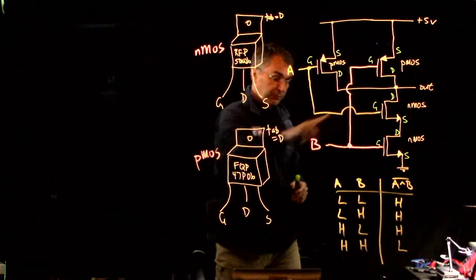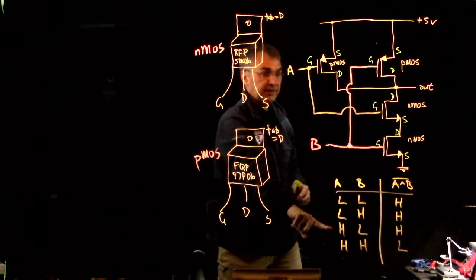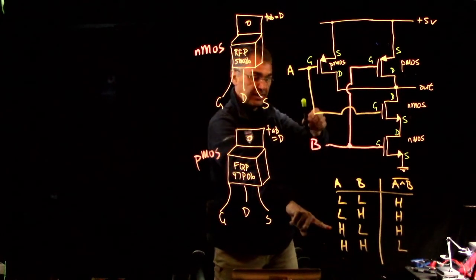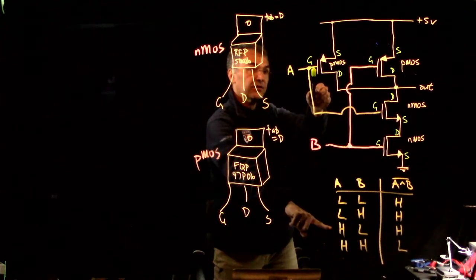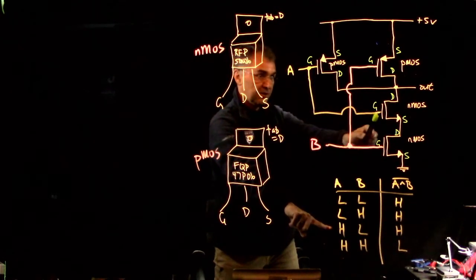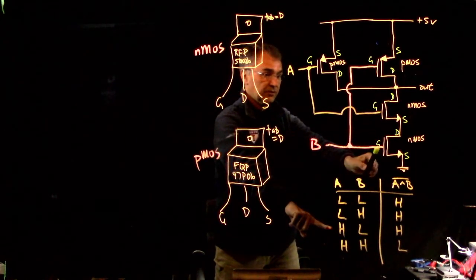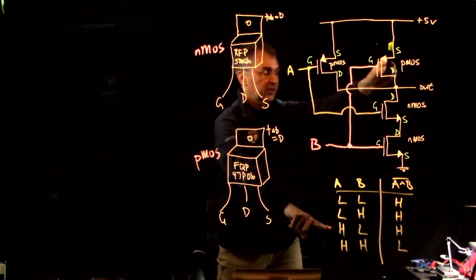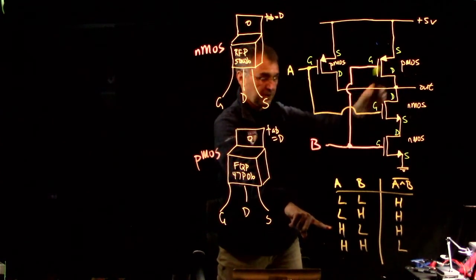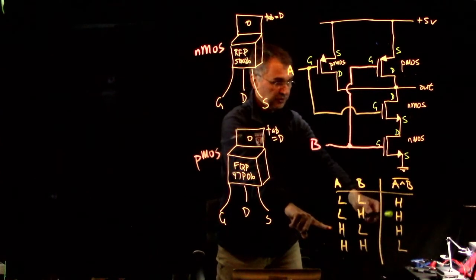So good, so we have high in that case. If this is high and this is low, so A is high, so this is off, but this is on. B is low, so this is off, so there's no connection to ground. But this is on, so there is a connection to +5. Good. So these three are all fine.